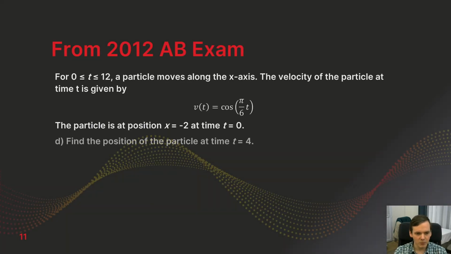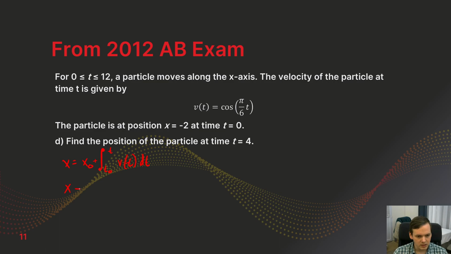And then lastly, part D says find the position of the particle at time t equals 4. Well, we know from earlier that the position is equal to the initial position plus the integral from the initial time to the final time of v of t dt.